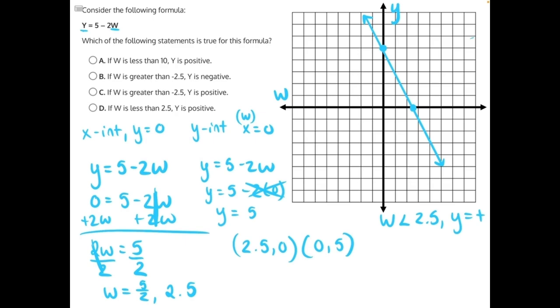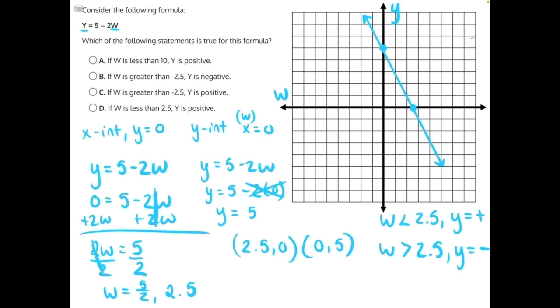And then, again, making that point our point of focus here, everything to the right, or everything greater than this point 2.5, has y values that are below the x-axis, which makes them all negative. So we can write another statement that says w, when greater than 2.5, it will always have negative y values.